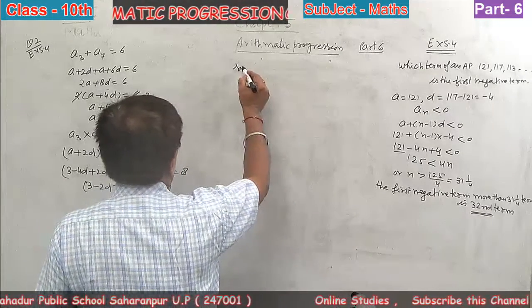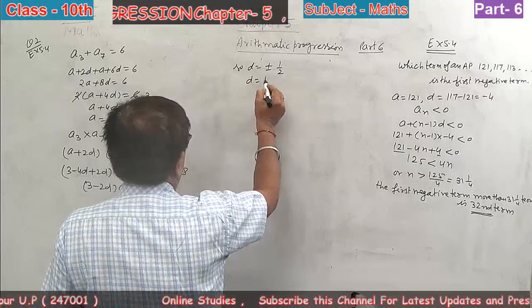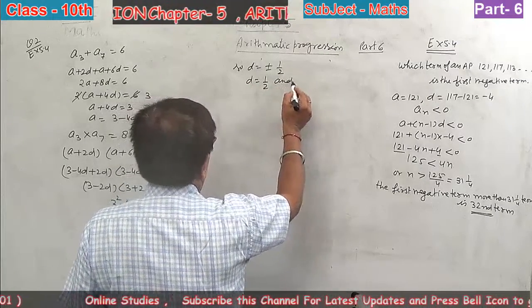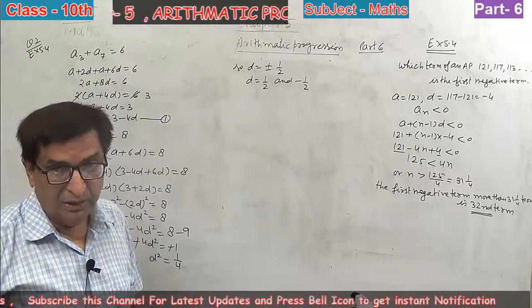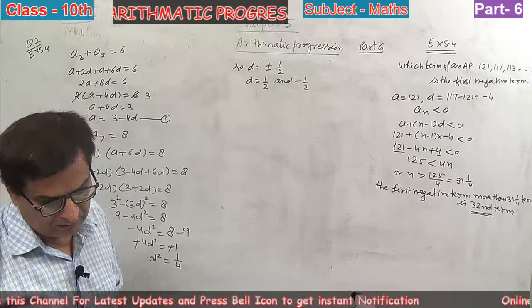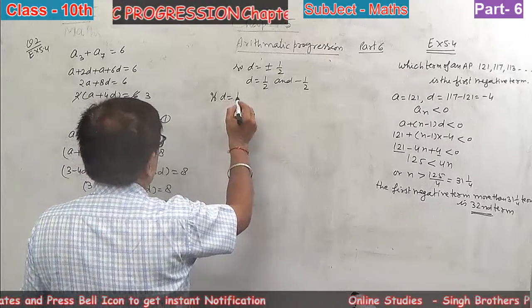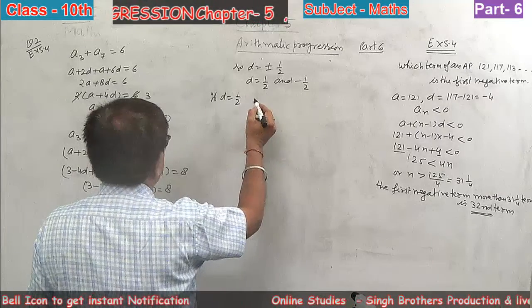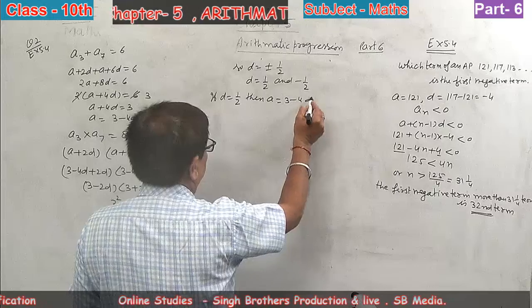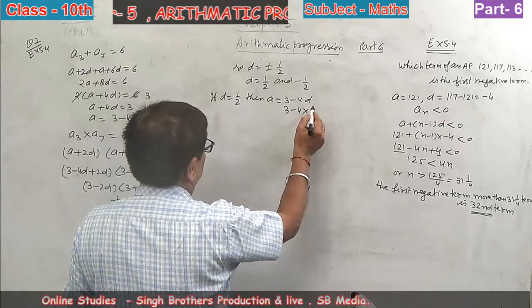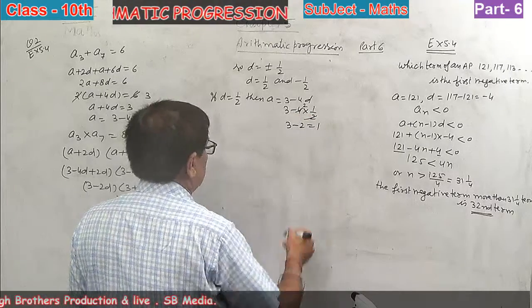So D is equal to plus minus 1 upon 2, 1 upon 2 and minus 1 upon 2. Find the sum of first 16 terms. If D is equal to 1 upon 2, then A is equal to 3 minus 4D, 3 minus 4 into 1 upon 2, that is 3 minus 2, that is 1.